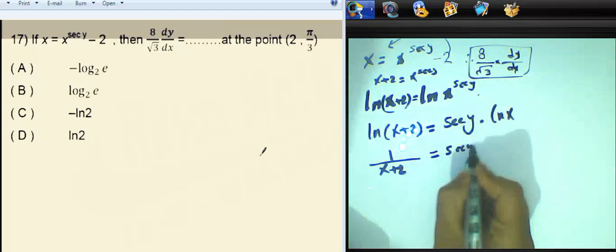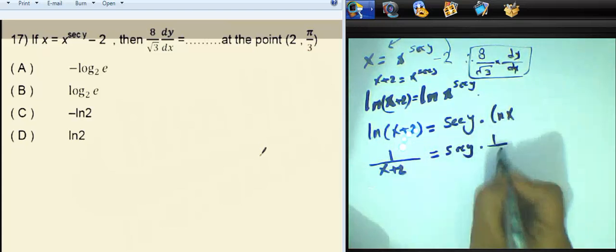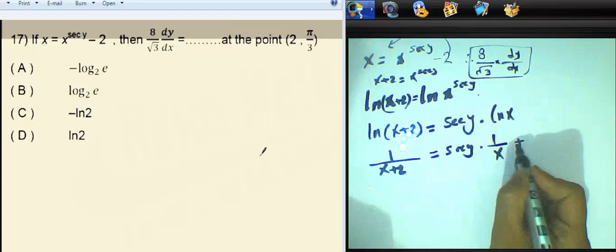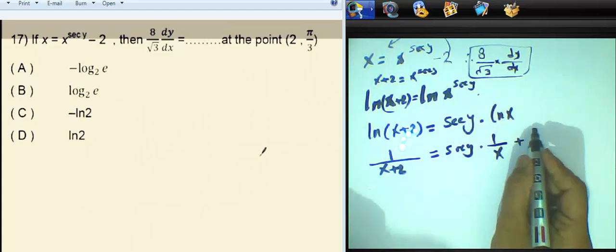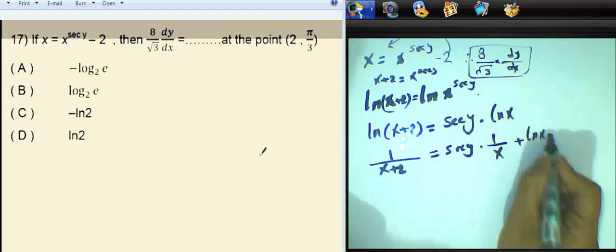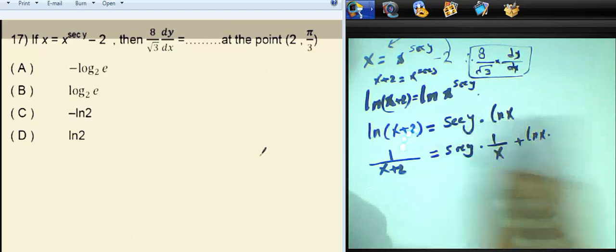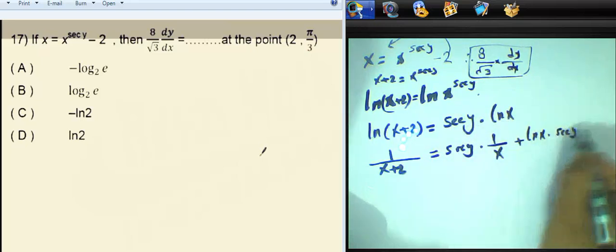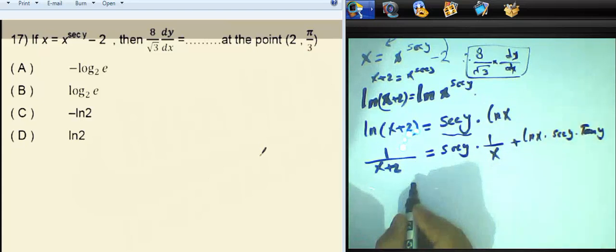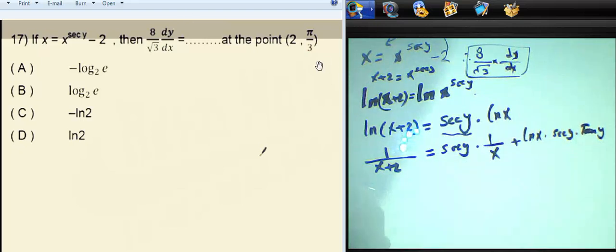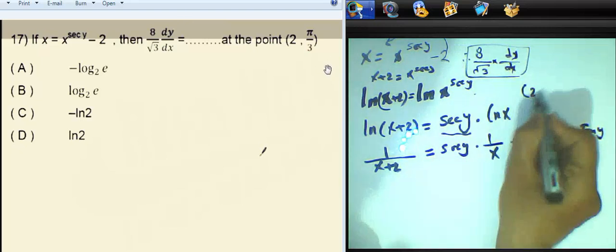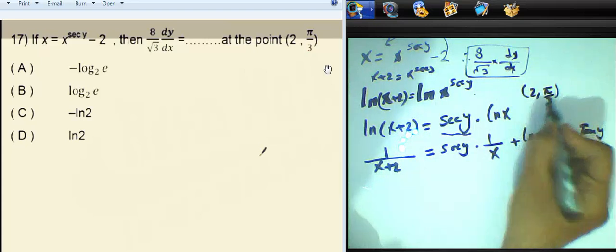Sec y here, multiplied by the derivative of ln x which will be 1 over x, plus the second, ln x, multiplied by the derivative of sec y. We know the derivative of sec y is sec y tan y. He asked about the derivative at this point, 2 and pi over 3.